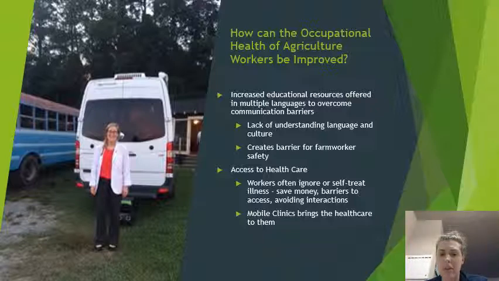So I felt like this one specific program was really beneficial in helping improve the occupational health of the agricultural worker. And it's something I feel needs further research and potentially practice in other rural areas like rural Oregon, where there are a lot of farms.